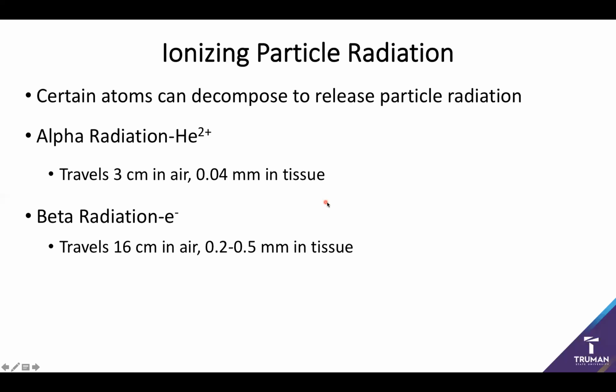The other major type of ionizing particle radiation is going to be beta radiation. So this is essentially a high energy electron. This one can actually travel a fair bit further in air, so about 16 centimeters. But again, will barely penetrate your skin, so not getting much more than half a centimeter through tissue.